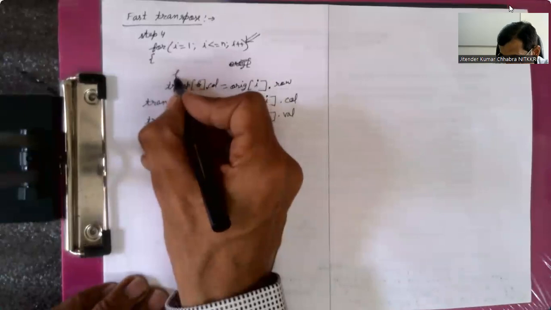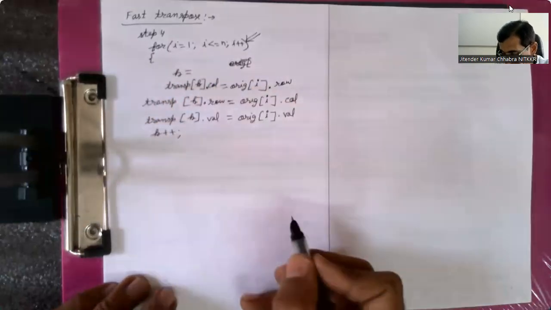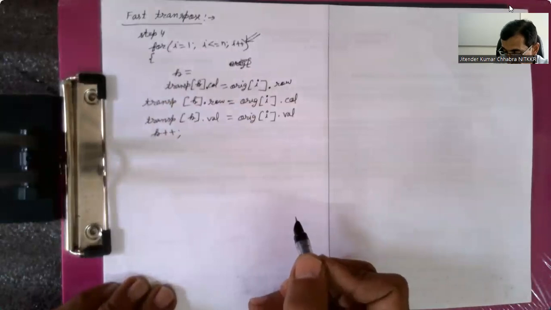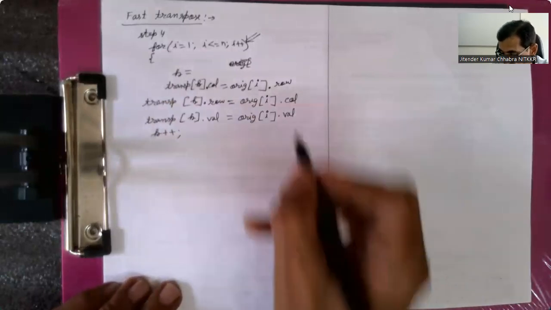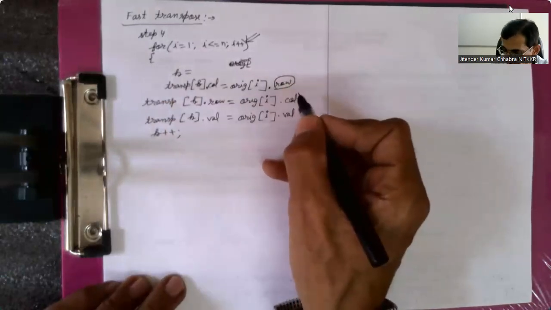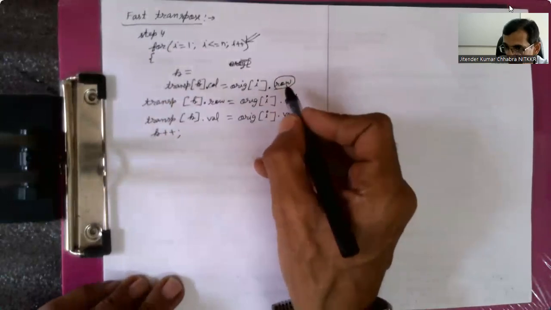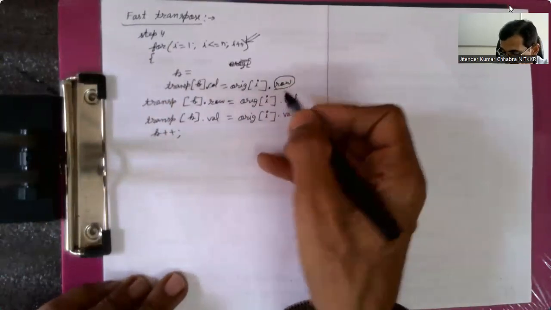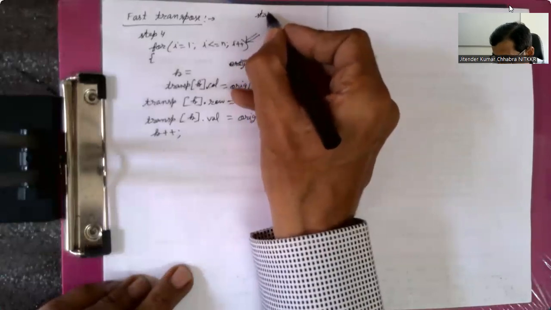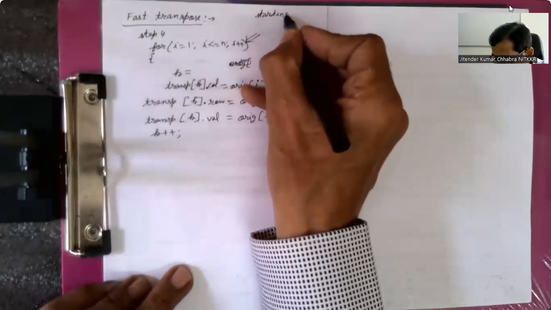Then what should be k? Now, k is the index in the transpose, and it has to be at the position which is found for the corresponding row number. This row number we discussed last time is being found, and this information we were able to generate through a certain array which we used, starting index.